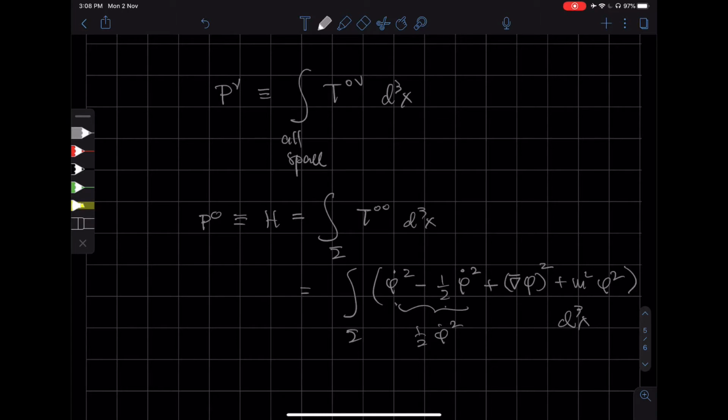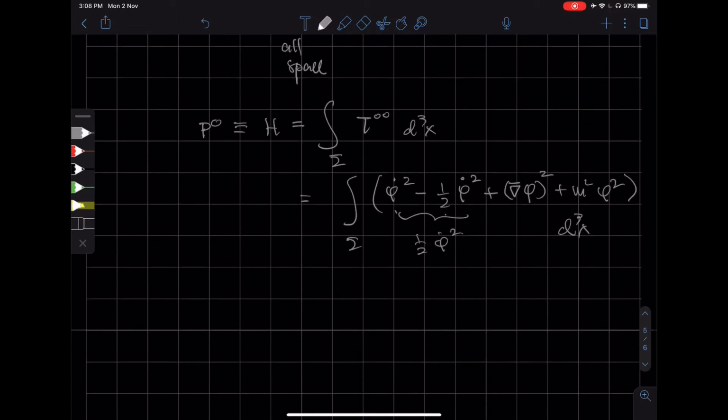And this is something positive. And this justifies our earlier choice of sign. So this is going to be half times phi dot squared plus grad phi squared plus m squared phi squared. So this also matches our previous expression for the Hamiltonian.